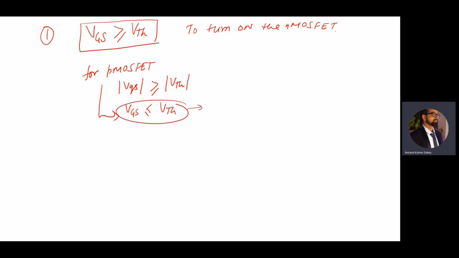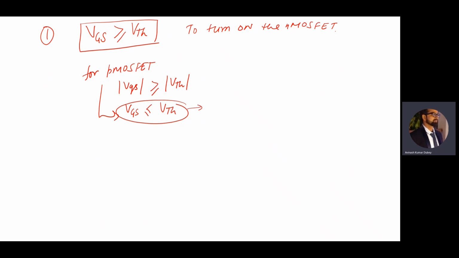Depending on that, we can understand the relationship between current and voltage. These voltages are VGS, the gate to source voltage, the threshold voltage, and the drain to source voltage VDS. There will be a derivation for that, but we are not going for the derivation.